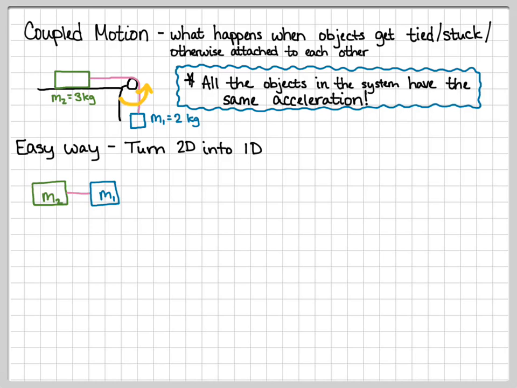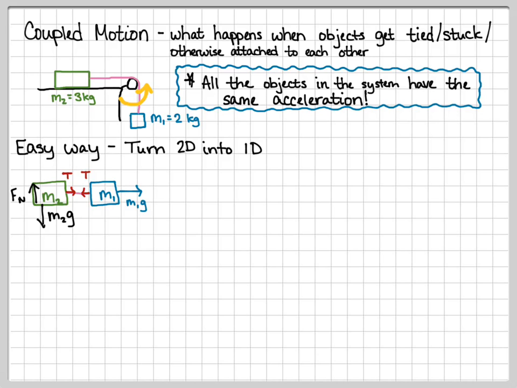Now we have to put all the forces back where they should be. So for mass 2, we have the weight acting down, the normal force acting up. Those two are going to cancel out, we know that. And then it's also got that tension acting to the right, like we showed just a couple minutes ago. Alright, and then for mass 1, since this has essentially rotated 90 degrees, we are going to have a tension acting to the left, and then what used to be its weight will be acting to the right.